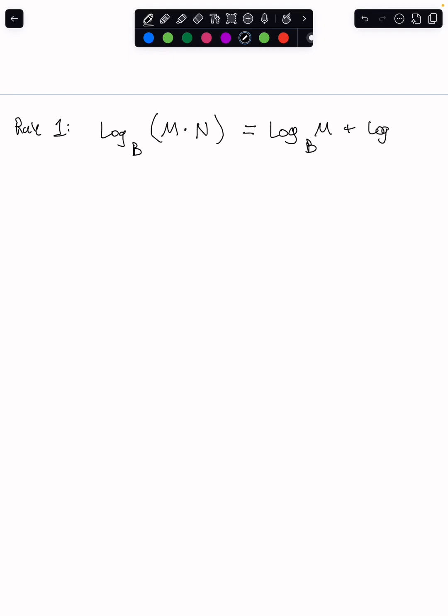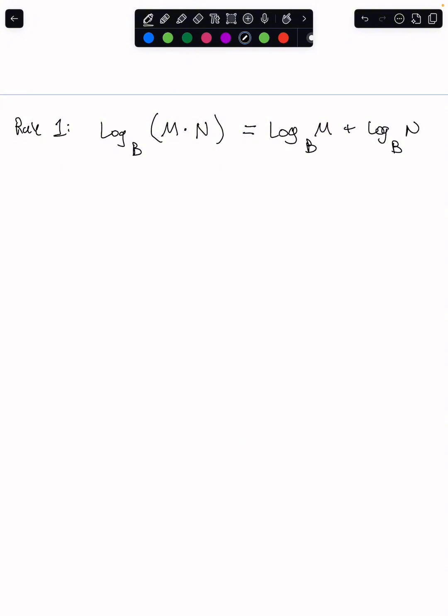Rule 1. Rule 1 says if you have log base b of m times n, that's going to be equivalent to log base b of m plus log base b of n.